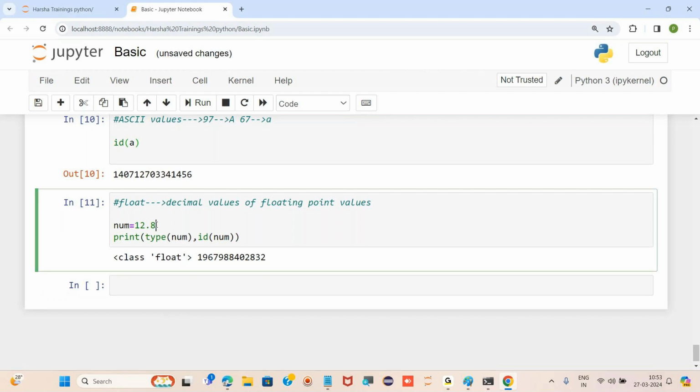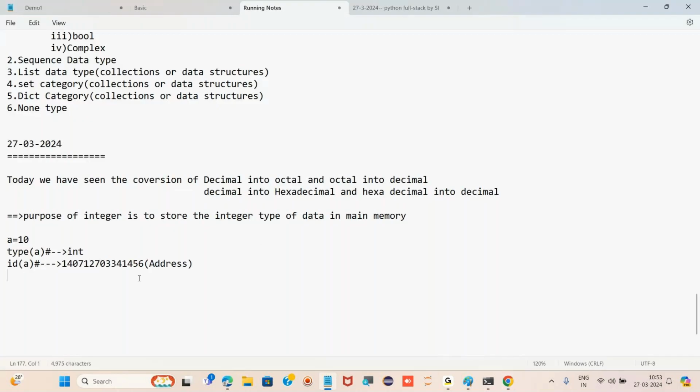The data type is float, and it also gives the address of this. The same thing you can copy for float.